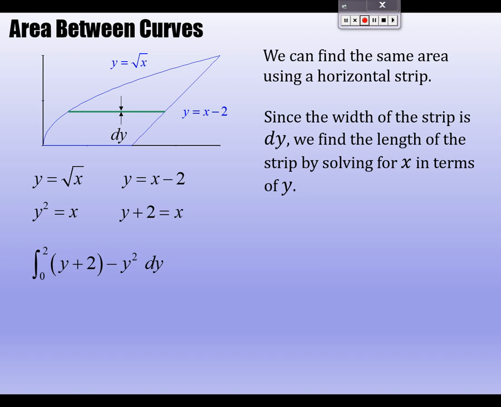X is now being thought of as the dependent variable. Then when we subtract, this time we need to make sure again we're thinking about top and bottom, or right and left, I guess. But the point is big things that have big x values minus things that have smaller x values so that it comes out positive again, right? So again, you could tilt your head this way and be like, oh yeah, top function, bottom function. But also keep in mind, things that have bigger x values are the ones here.